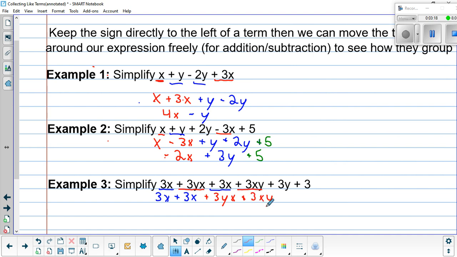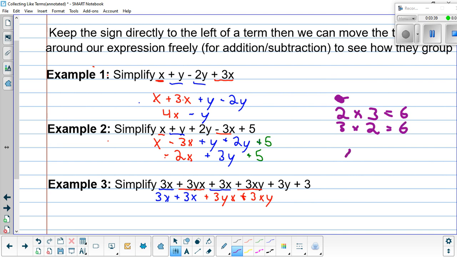So, I'm going to take a little second. Let's go up here. I want to do a little part in purple over here. So, 2 times 3 is what? Well, 2 times 3 is 6. Well, what about 3 times 2? And that's also 6. So does it matter the way we multiply?